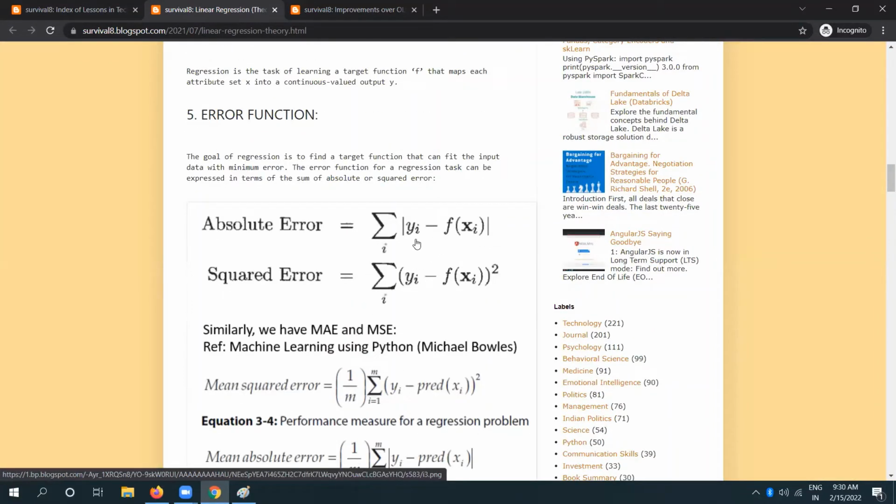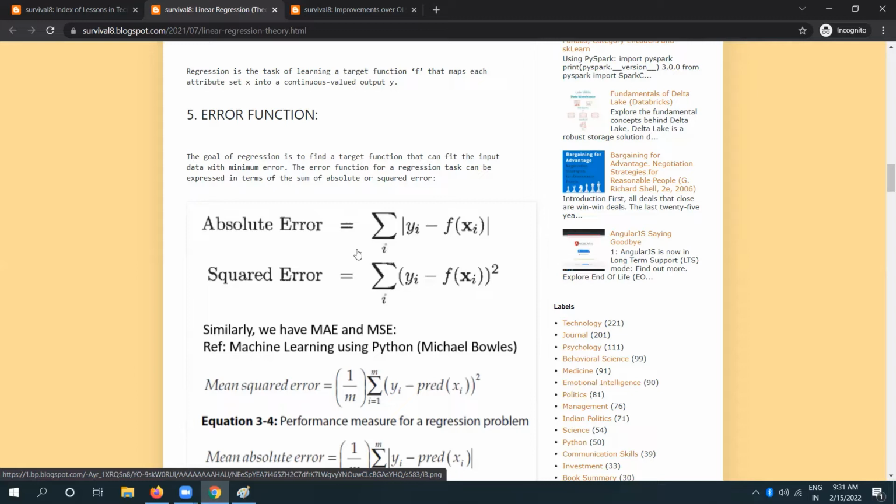Like you would mostly see, you have a yi and you have an f of xi. That means f of xi is what your model is giving you, and yi is what you actually have. So absolute error is the difference between the yi's that you have and the f of xi's that you calculate. Now the equation for squared error is this: you sum the squares of the differences of all the errors. What is an error term?